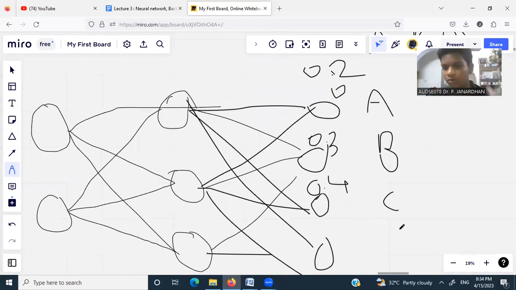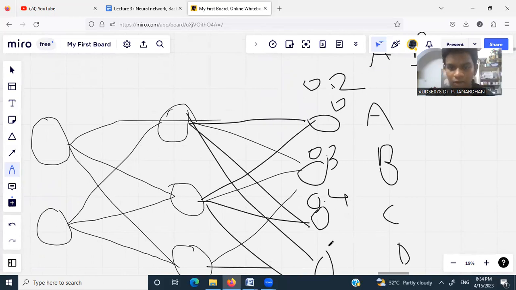And then this final neuron, D, will generate a number of 0.1.